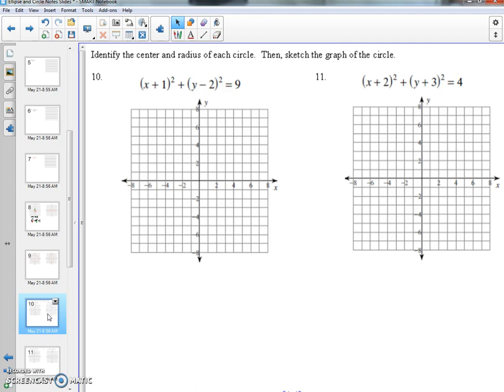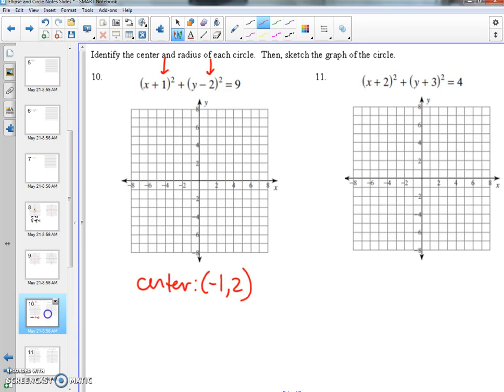Next, we'll graph a circle here. Circles are actually the easiest conic sections to graph. You only need 2 things, a center and a radius. As I look at the first one here, my center is going to come from these values. So my center is -1 and 2. I'm going to graph that. My radius then comes from this value, and I'm going to take the square root.